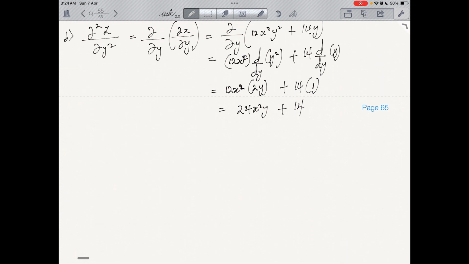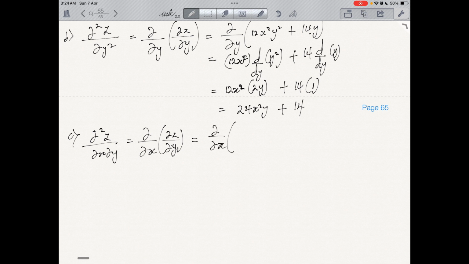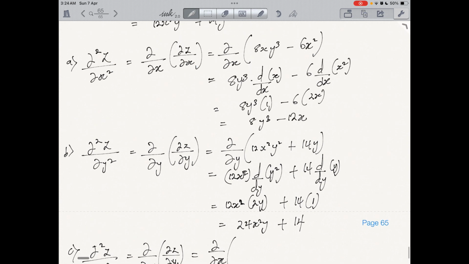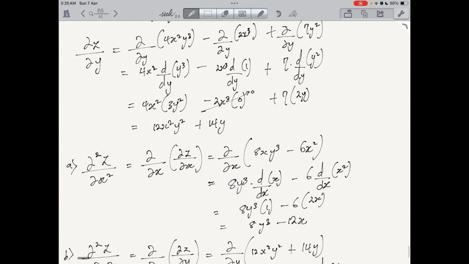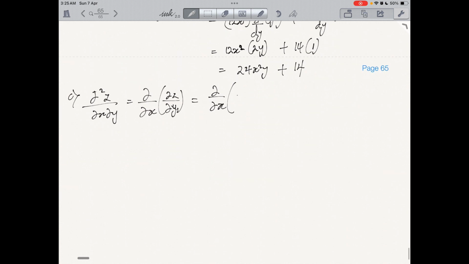Thirdly, ∂²z/∂x∂y. And this is the partial derivative with respect to x of ∂z/∂y. And our ∂z/∂y, as calculated, is 12x squared y squared plus 14y.